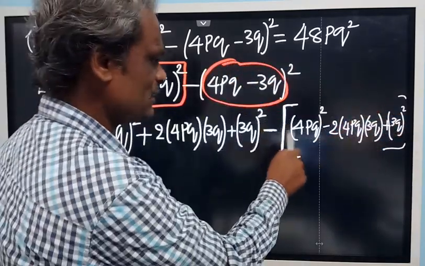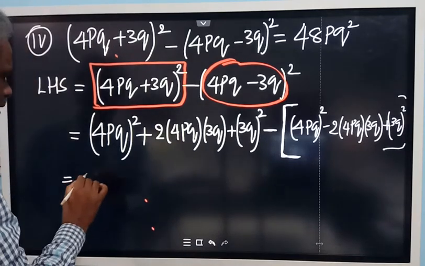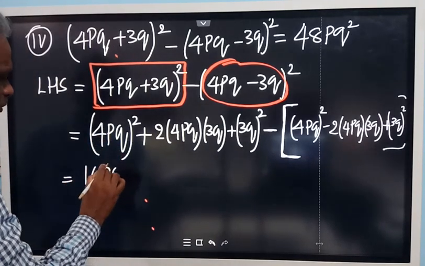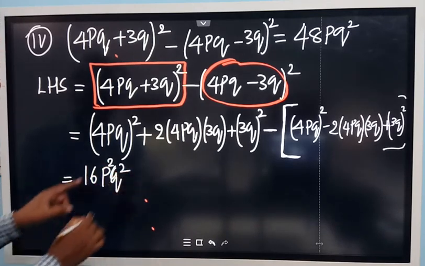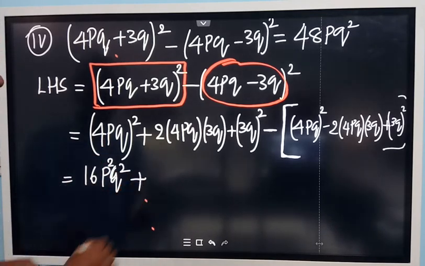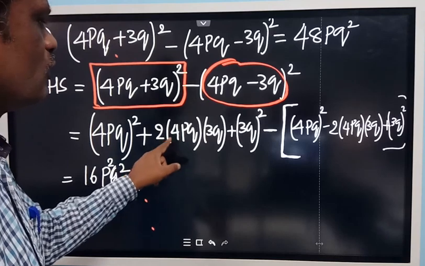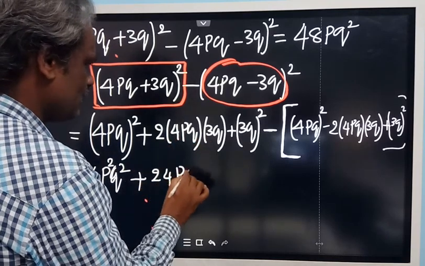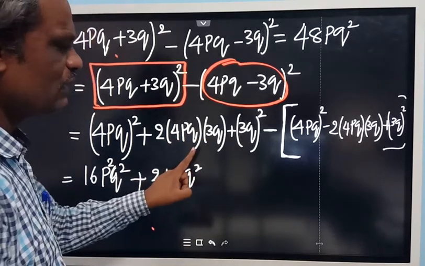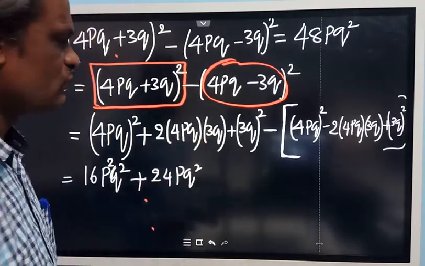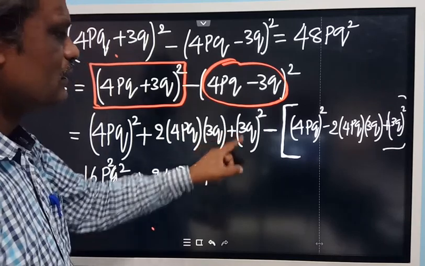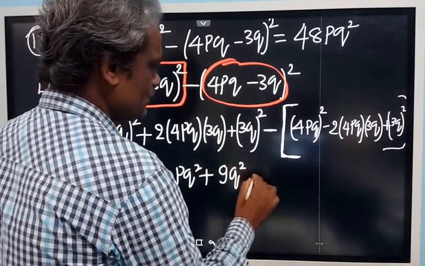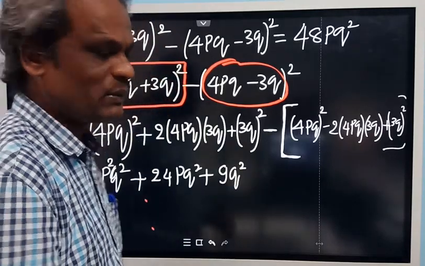Now you multiply this minus inside the bracket. So (4pq)² is 16p²q². 16p²q² plus, multiply this one, 2 4s are 8, 8 3s are 24, 24pq², p only one and q into q is q². This will become 9q². So now you multiply this minus inside the bracket.